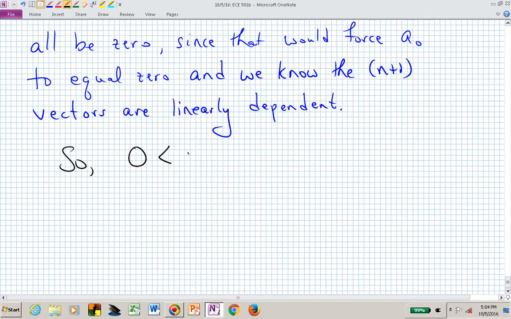That now says that Michigan, or little m, is strictly bigger than 0, because we said a1 through a sub m can't all be 0. So one of those has to be non-zero. So this is now a strict inequality.